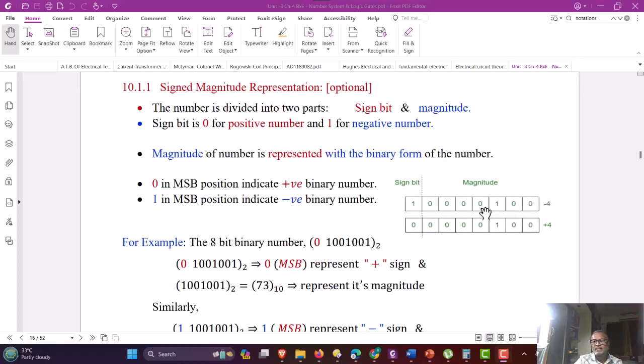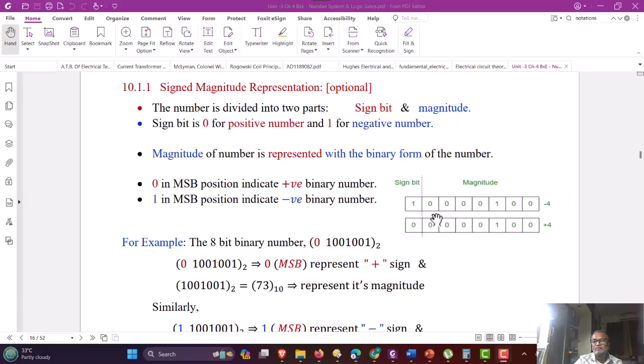Here it is an 8-bit number. Out of that, the MSB is reserved for sign, and the remaining 7 bits indicate the magnitude. When the sign bit is 1, the number is treated as negative, and when the sign bit is 0, the number is treated as positive.